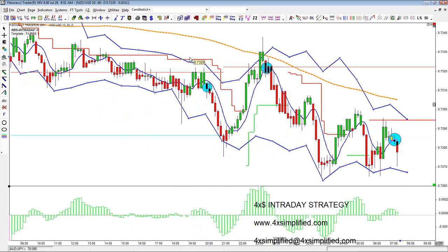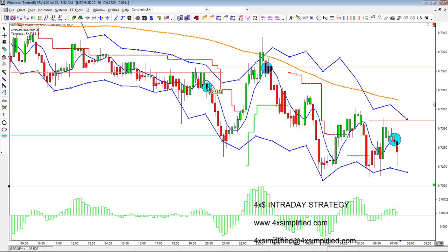The next indicator is this red line that looks like steps. This is our trailing stop. It's green when price is in an uptrend. The trailing stop is used so we can move our stop as the market is moving away from our entry.